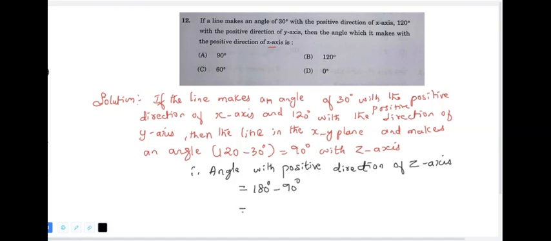So 180 minus 90 is 90 degrees. So the angle which is made by z axis is 90 degrees.